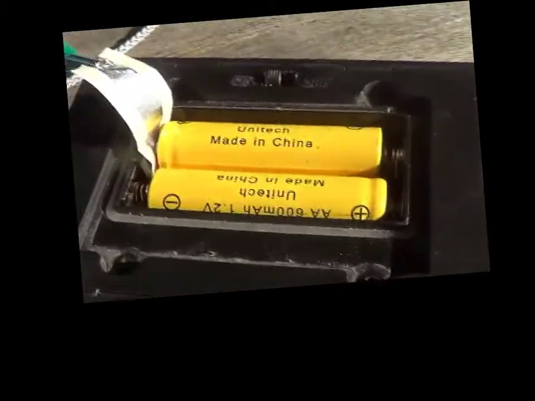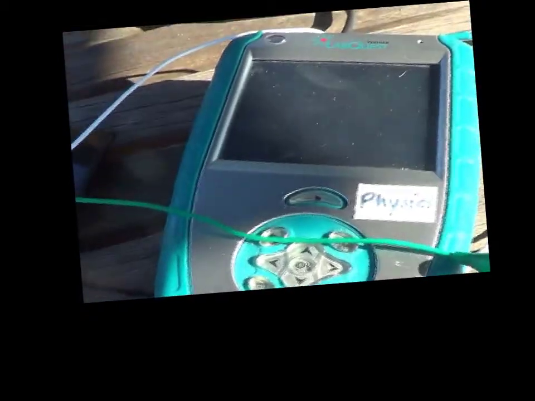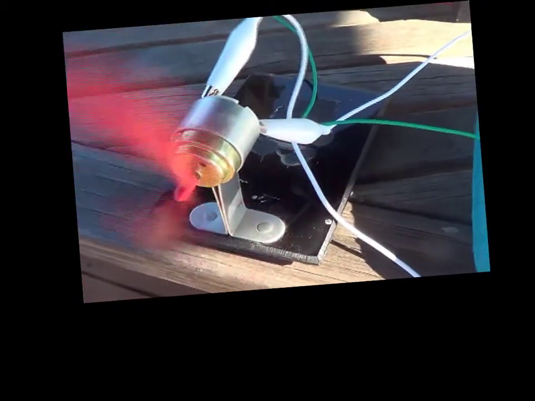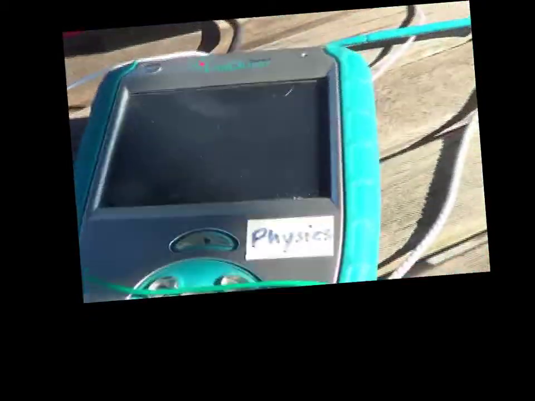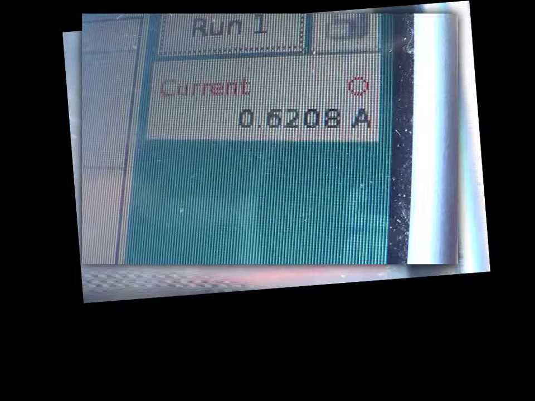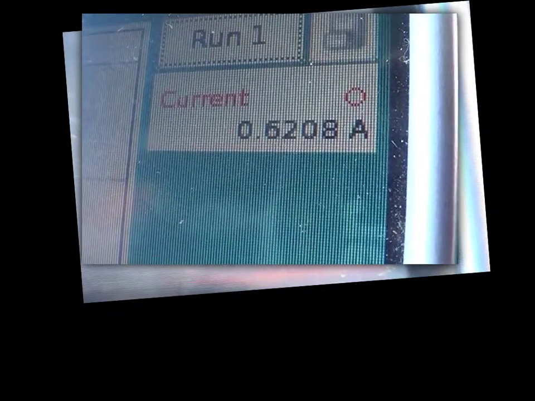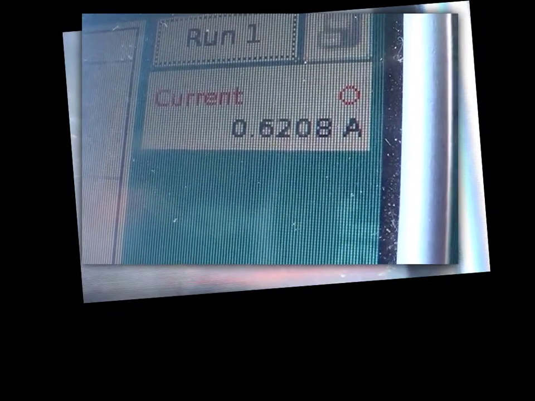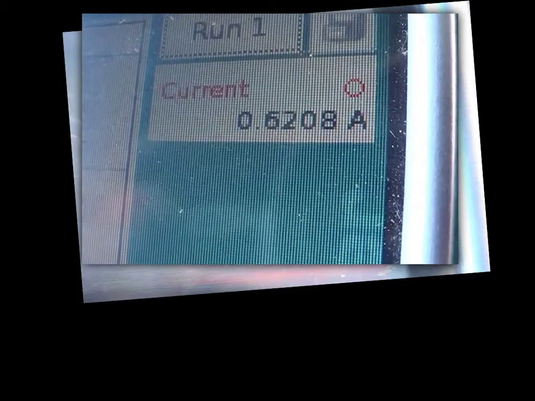Got roughly 160 milliamp hours into it in those 2 hours. And now we're discharging it through this motor, collecting current data. And let's see what we got going here. If we can zoom. Current right now is running at 620 milliamps.